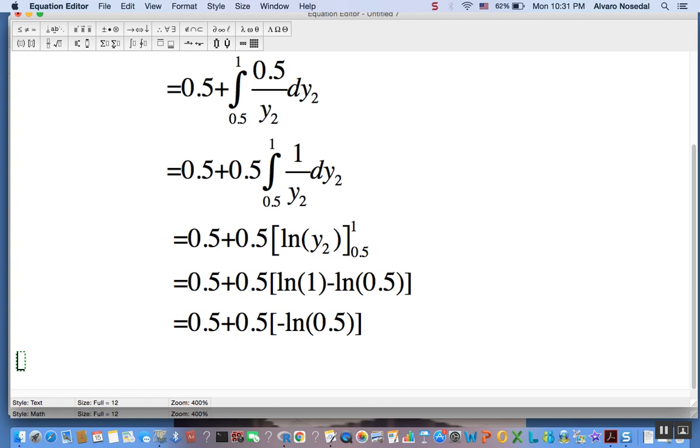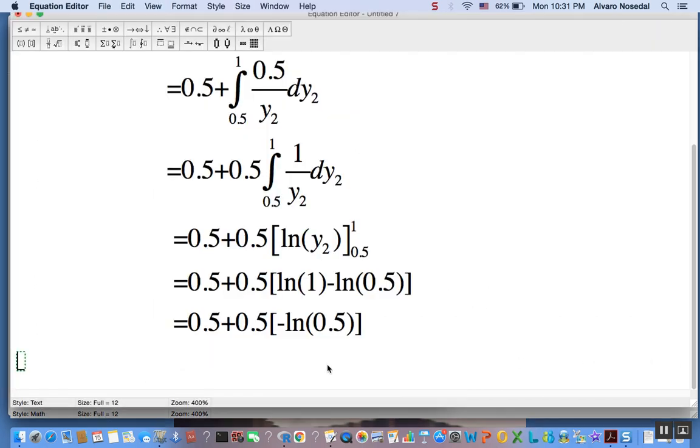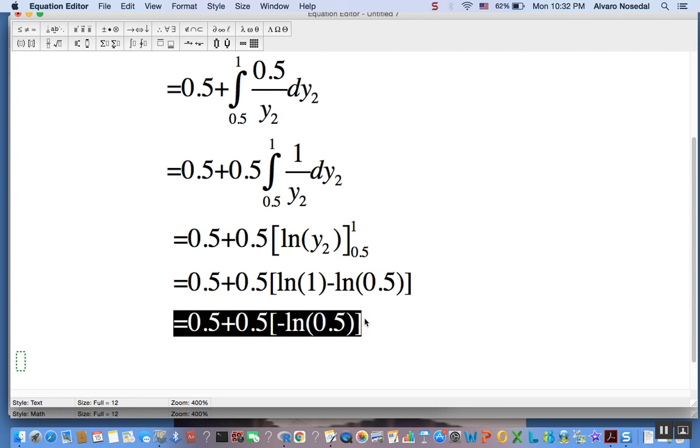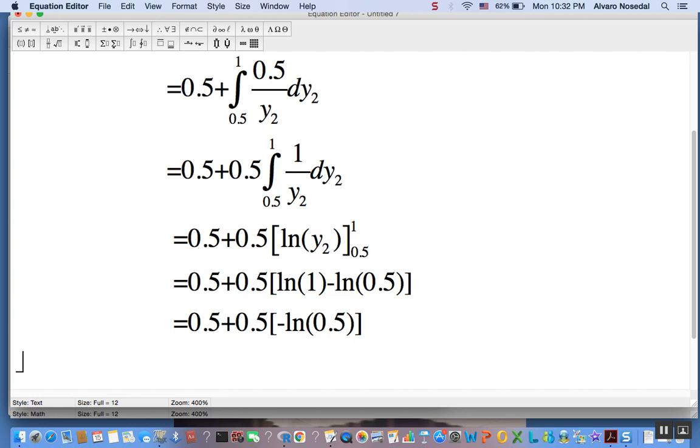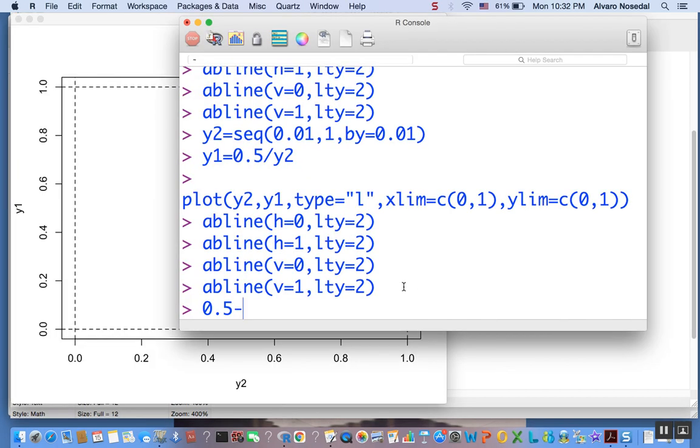And finally, let's do that calculation using R. What we want is 0.5 minus 0.5 times the natural log of 0.5, right? Now pay attention to this.